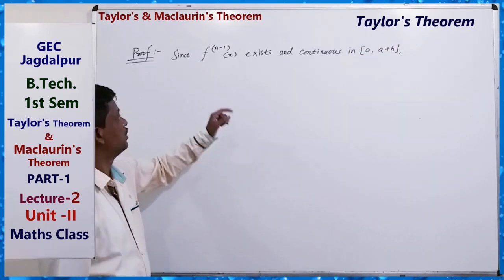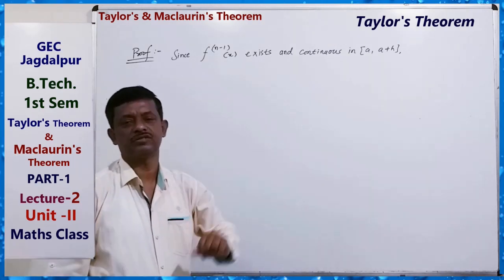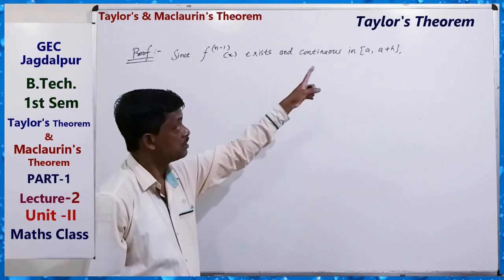It is given in the statement. The n minus 1 derivative exists and is continuous in the closed interval, and the nth derivative exists in the open interval.